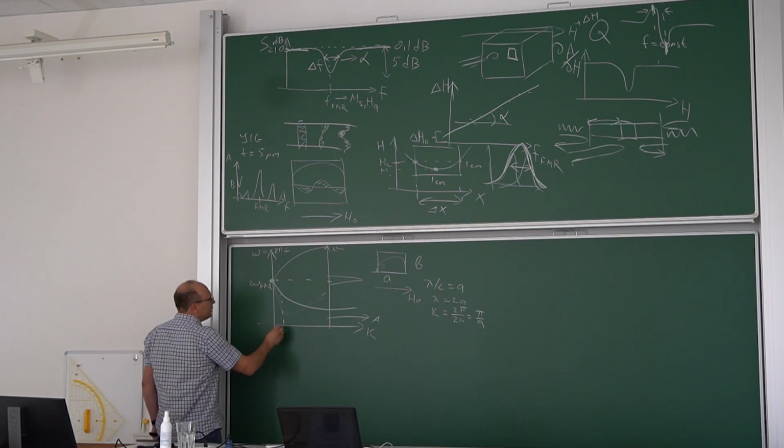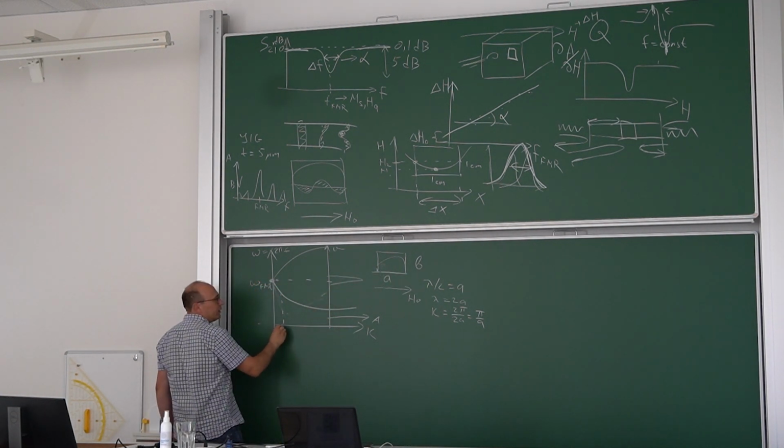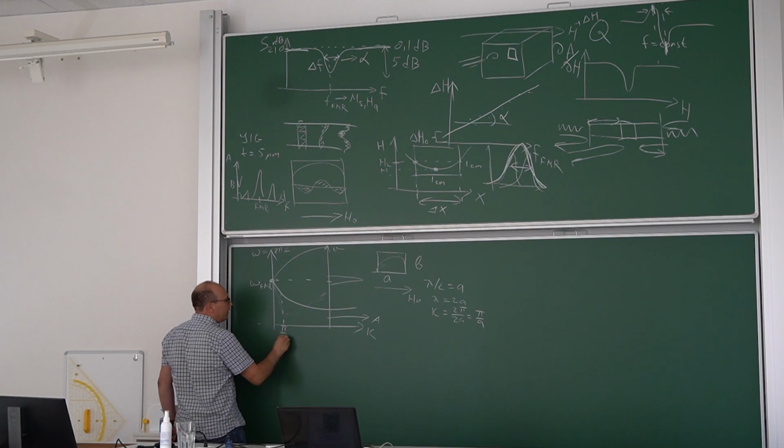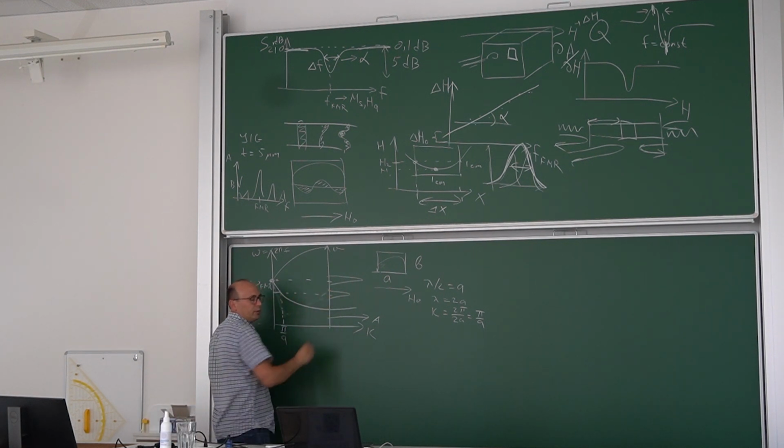So somewhere here will be the first mode, when I have one standing wave, and this K will be pi over A. Then you have a fixed K. It means that you have this omega, and here you can expect your peak.